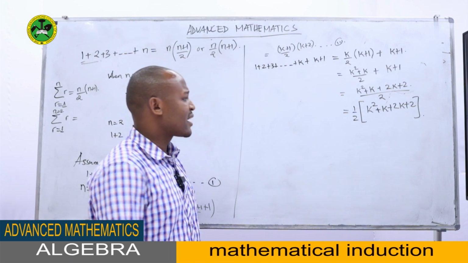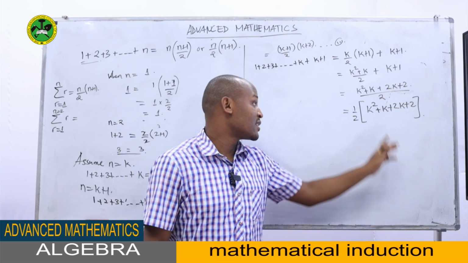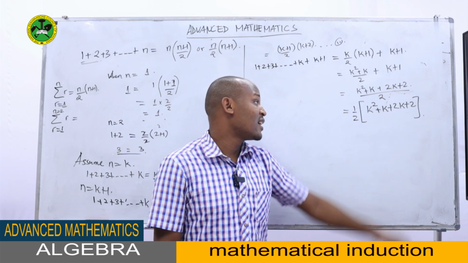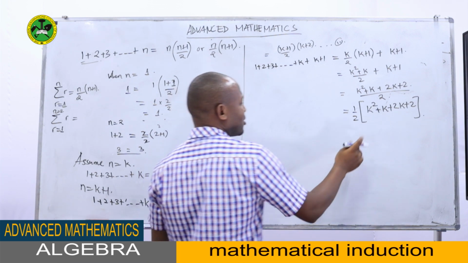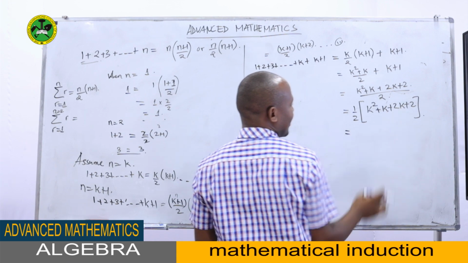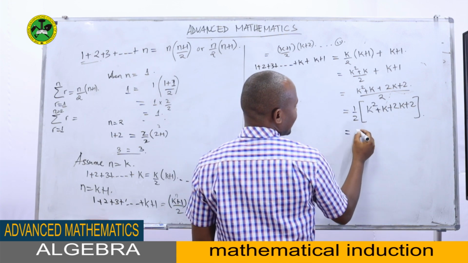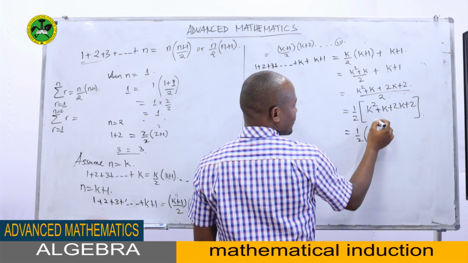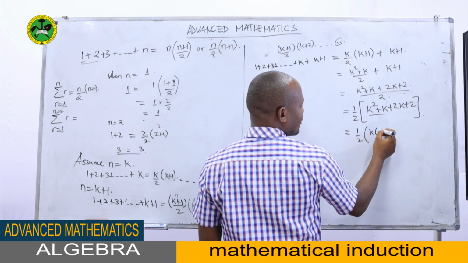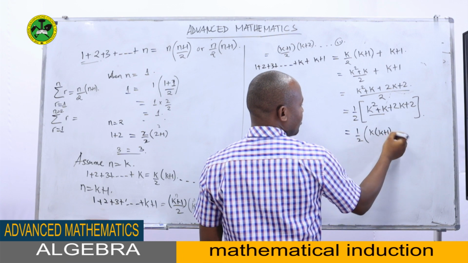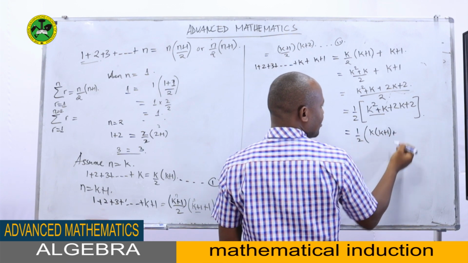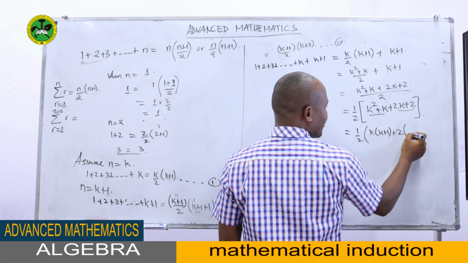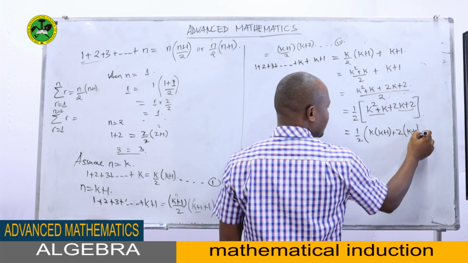You can simplify that to a quadratic equation, and then find the factors of that. But I don't see the reason to go up to that point while we can have the factors from there. That means it is over 2. Then factoring out k from these two terms, we shall have k times k plus 1, plus factoring out 2 from these two terms again, we have another k plus 1.